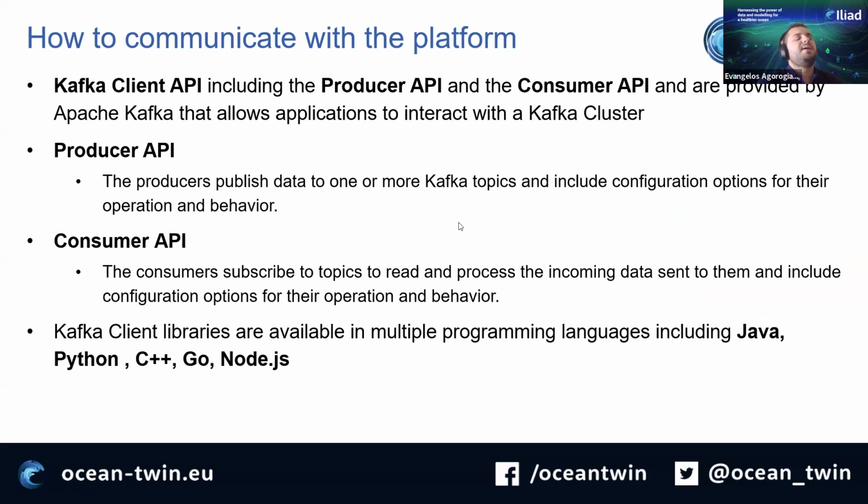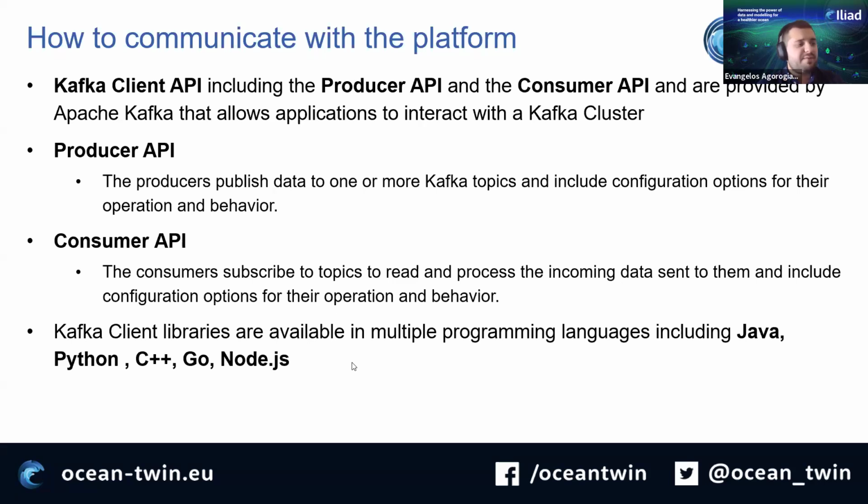The producer API is used to publish data to one or more topics and includes some configuration options for its operation and behavior. We also have the consumer API, which performs the corresponding consuming operation by subscribing to topics, reading and processing the incoming data. It also has configurations for the operation and behavior of the consumer.